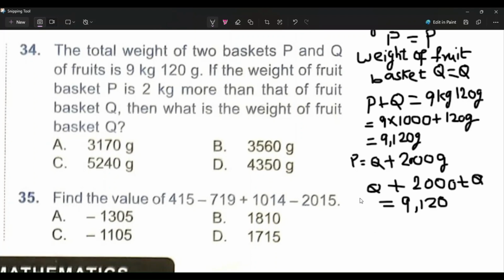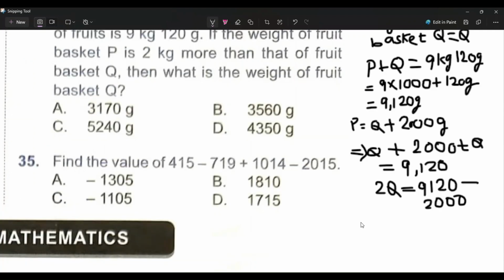So Q plus Q is nothing but 2Q. This comes this side. So 9120 minus 2000. So 2Q is equal to 7120. Q is equal to 7120 divided by 2.